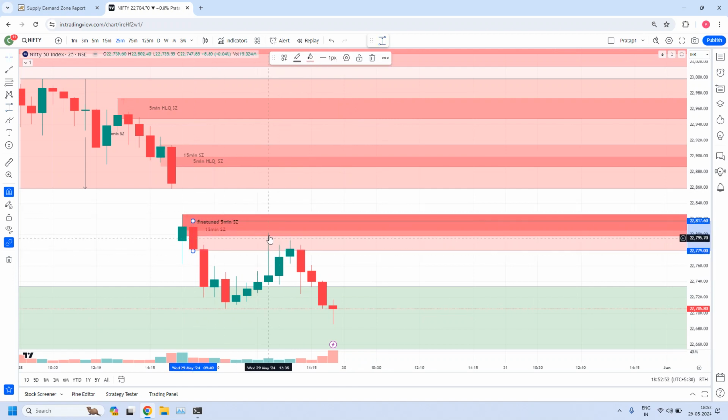So this is one of the reasons why we got good trades from this zone today. Actually, a couple of trades we got from the supply zone that I explained in the high liquidity zone analysis video.